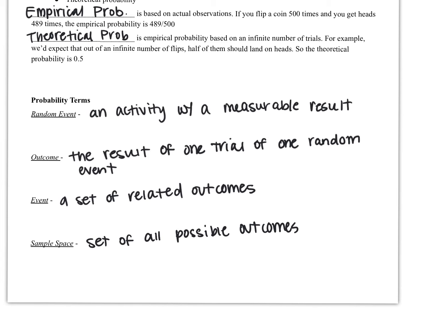If we're rolling a six-sided die, our sample space is 1, 2, 3, 4, 5, 6, because those are all of the outcomes you can get. So depending on what your event is, that determines what your sample space is. We usually call a sample space just with a capital S. You'll see that a lot.